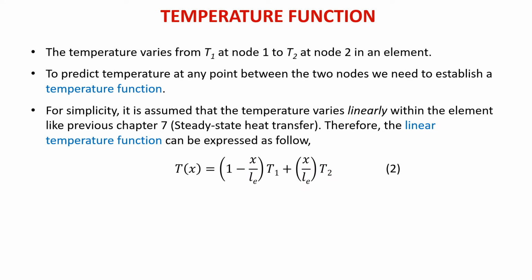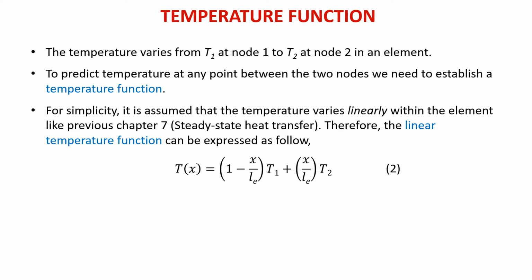Once we have determined the temperature at the nodes, then we can predict the temperature at any point between the 2 nodes. In order to determine the temperature at any point between 2 nodes, we need to establish the temperature function. Similar to the previous chapter, we assume the temperature varies linearly within the element.